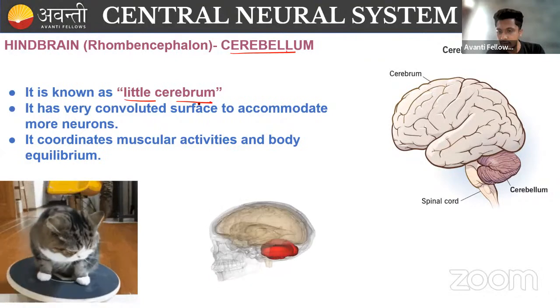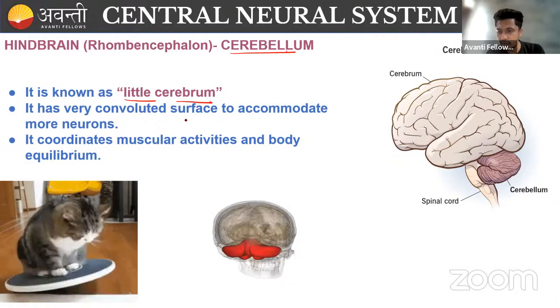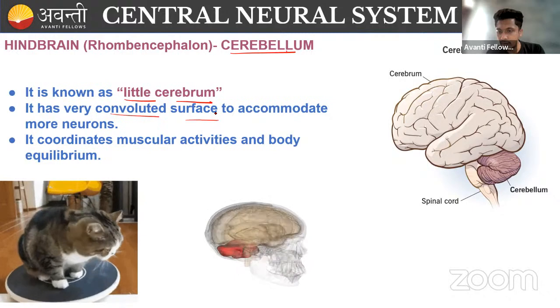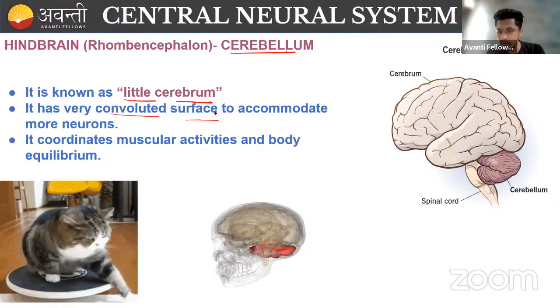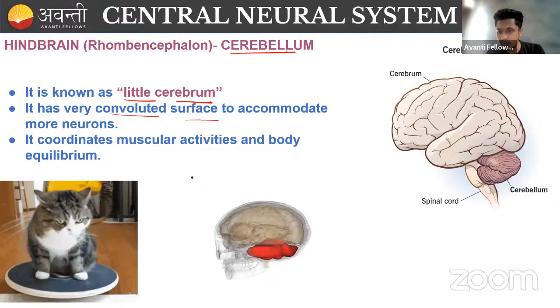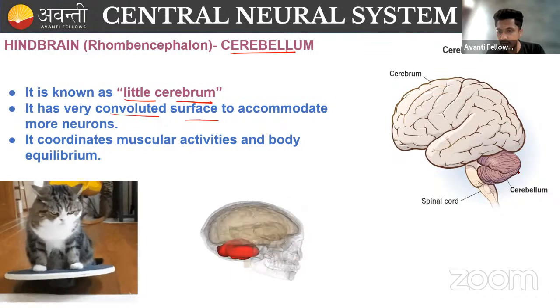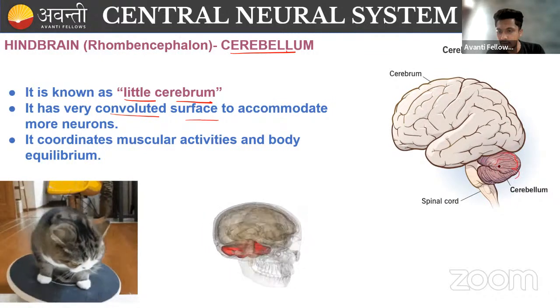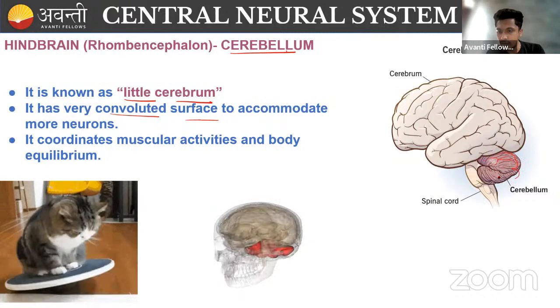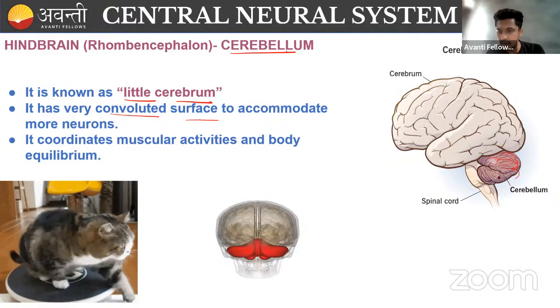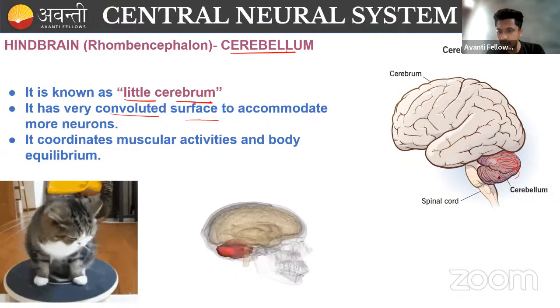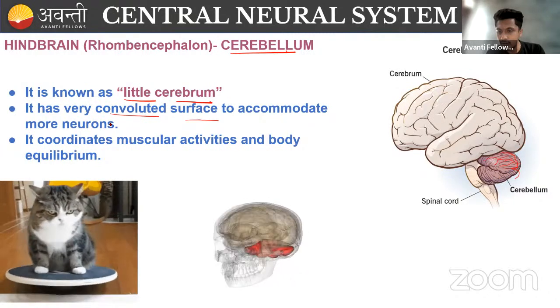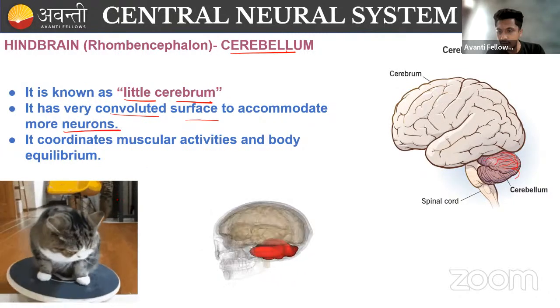It has convoluted surfaces, and these convolutions are because of the presence of more neurons. You can see that there are demarcations on this, because more neurons are present in this particular region.